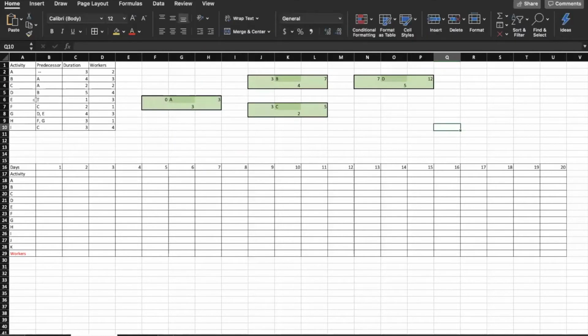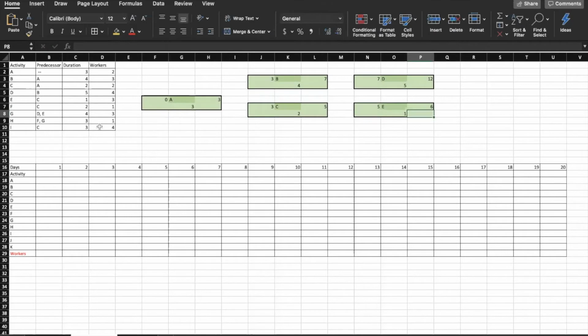The next one is E, and it's right after C, so I'll put it next to C. And then E starts on the 5th, right after C is finished. It takes 1 day, so it will be done by the 6th.